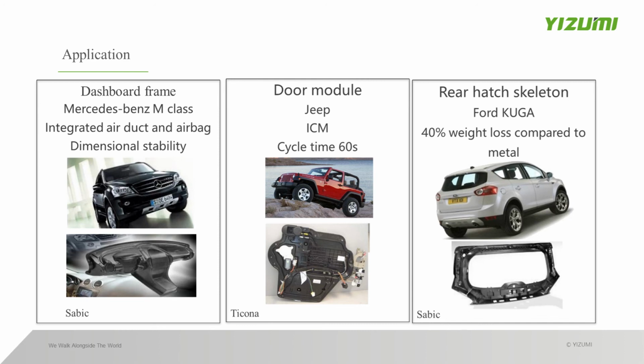And also to further improve the material properties, reduce weight, improve dimension stability and reduce warpage, some OEMs now introduce a chemical forming process with long glass fiber. And here this part is also a main component for the metal structure.